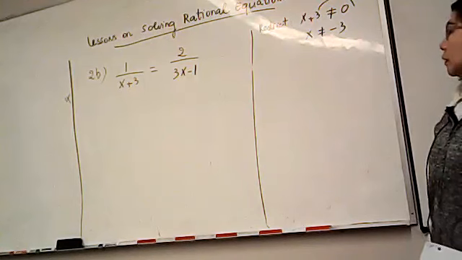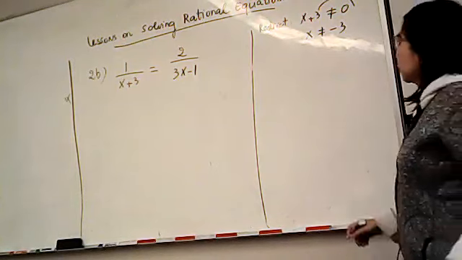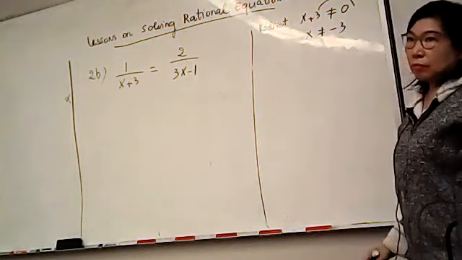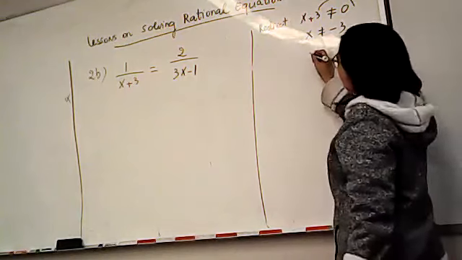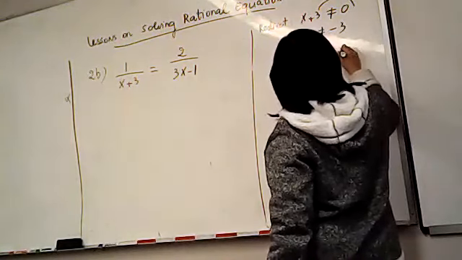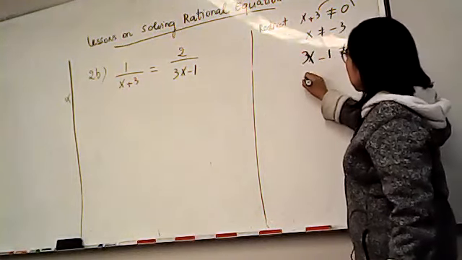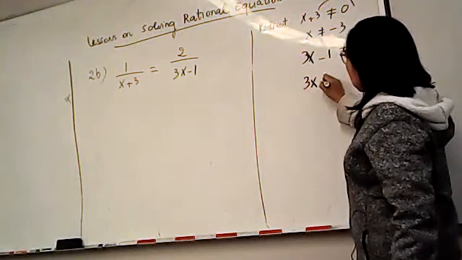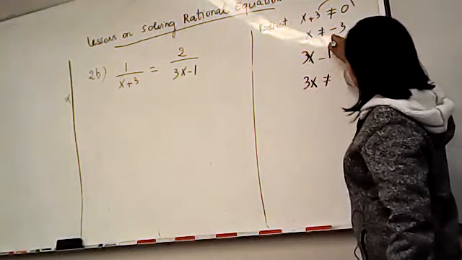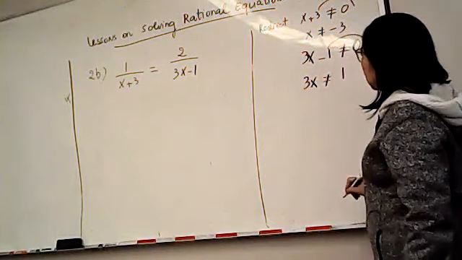Any questions for that? Student? Are you okay with that? Yes. Okay, next one. 3x minus 1 cannot be 0. What's the next, student? 3x cannot be -1, move over, become +1, right?